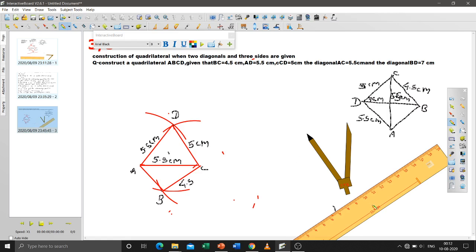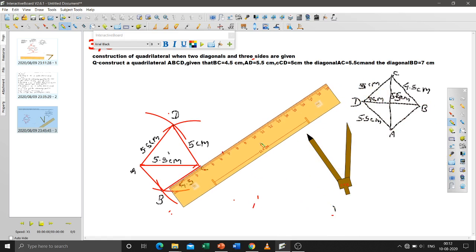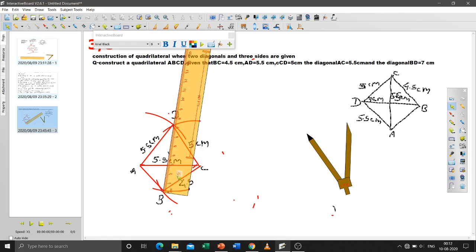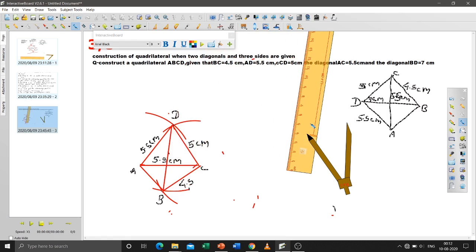And one more thing is there, BD is equal to 7 centimeter. So we'll join the B and D to get the other diagonal. So that will be the required quadrilateral.